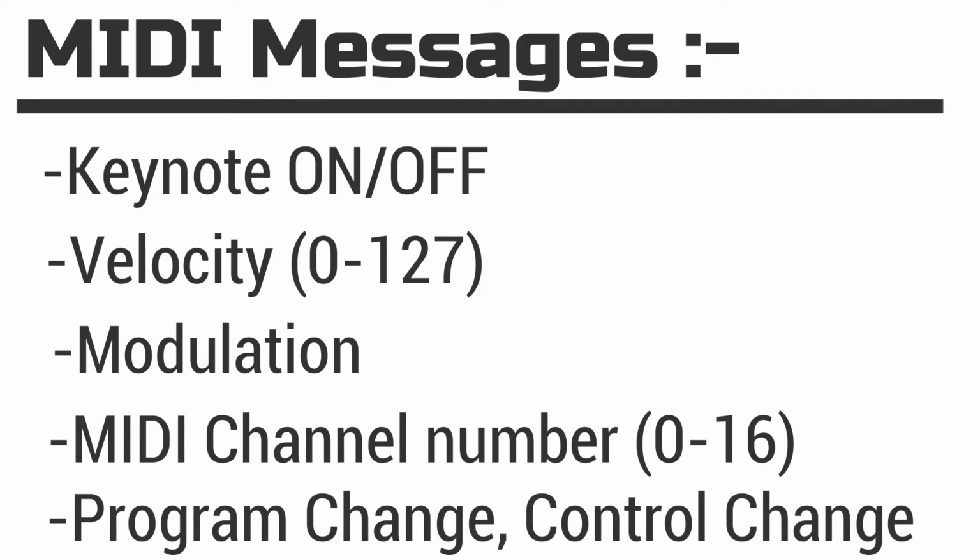It is not only this on/off message, but also the velocity at which your key is struck, and in case you use the modulation wheel, the modulation data is transmitted out as well. There are also messages on program change and control change. We will be looking in depth at the different MIDI messages in our upcoming videos.